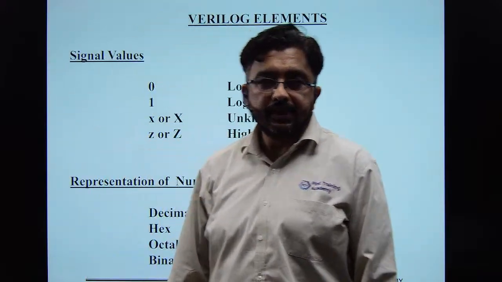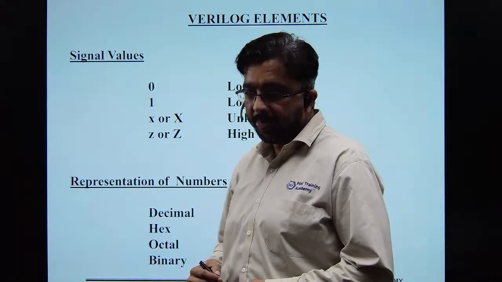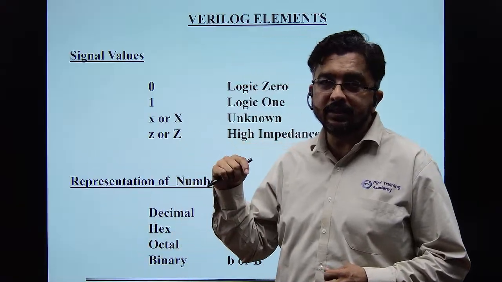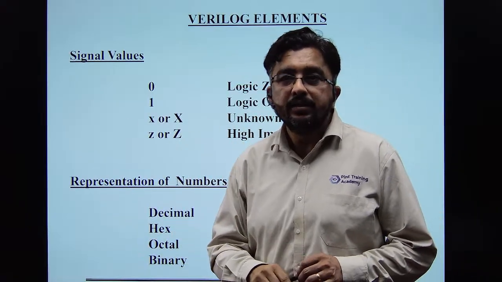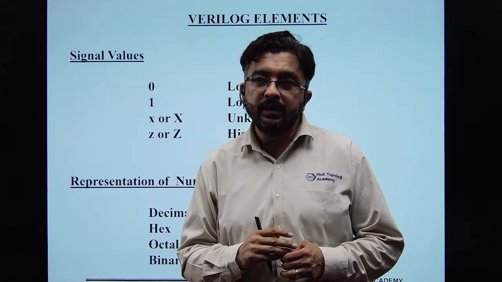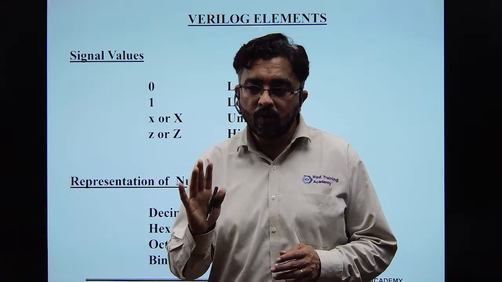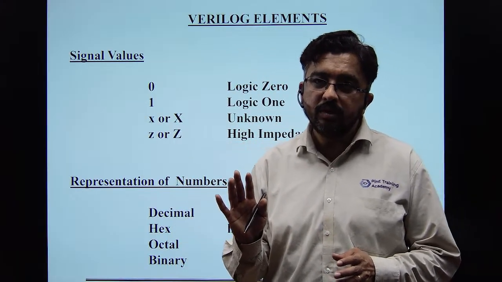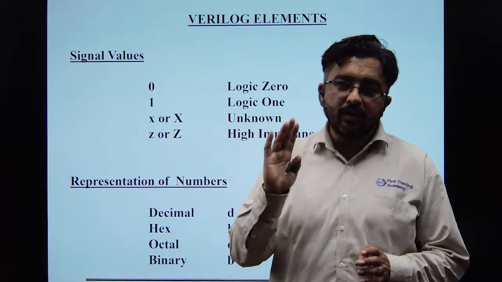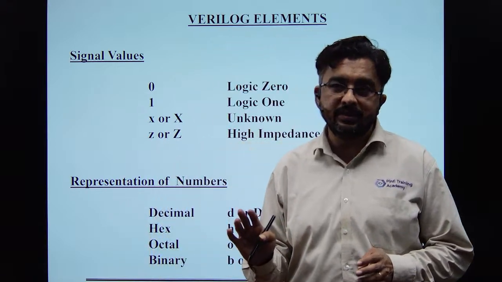Signal values. As I mentioned in my previous classes, two or three classes back, we discussed in detail that there are four values in digital or in Verilog: 0, 1, X and Z. 0 means logical 0, 1 means logical 1, X or capital X means an unknown value, and Z means high impedance.